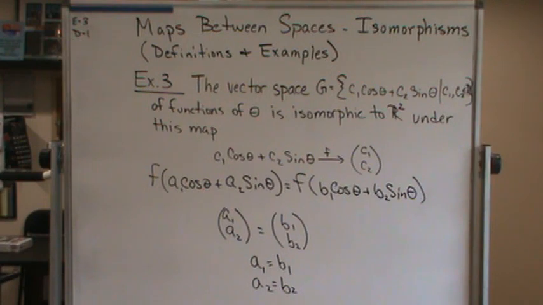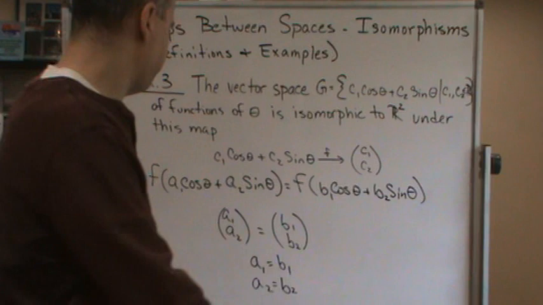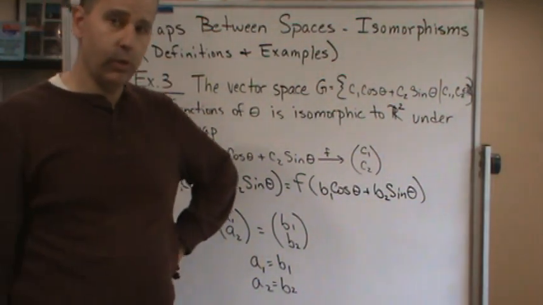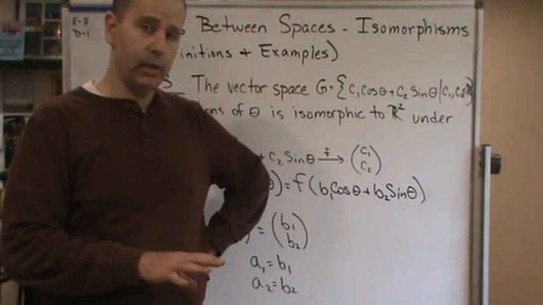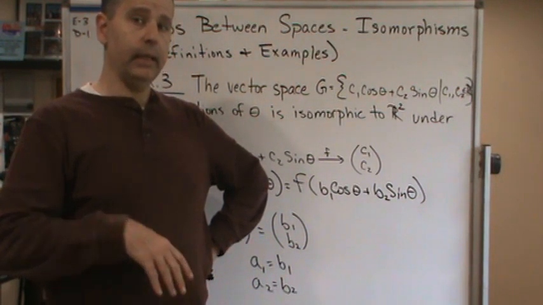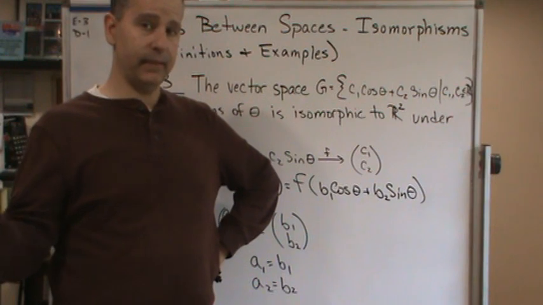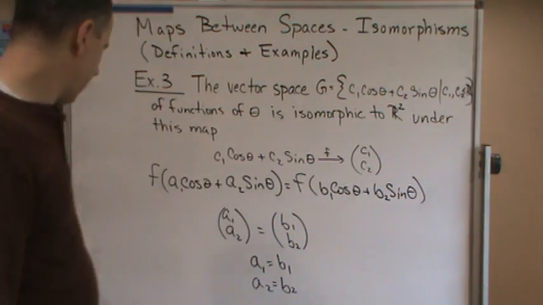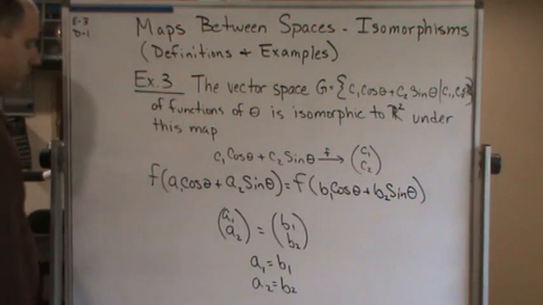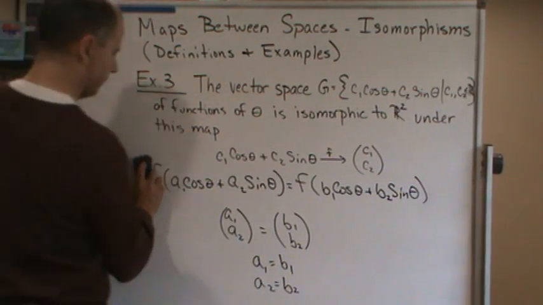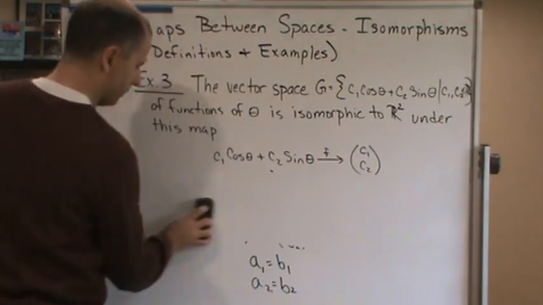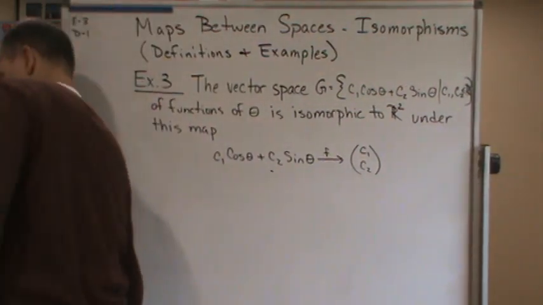Now, what about showing that f is onto? In this case, remember, for onto, we have to show that every member in the codomain is an image of something in the domain. So let's do it. How do we do that?